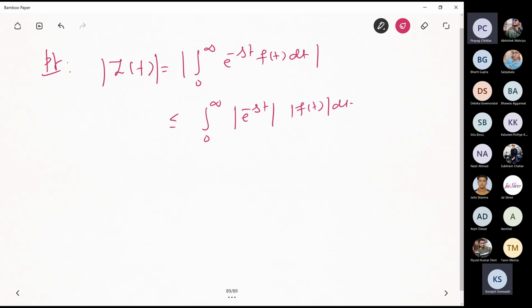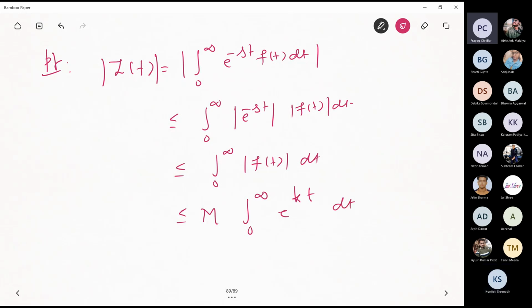Since t is greater than or equal to 0, and we are taking s greater than k, and k is non-negative, this is less than or equal to |f(t)|, and f has a growth of e^(kt). Keep e^(-st) as it is.